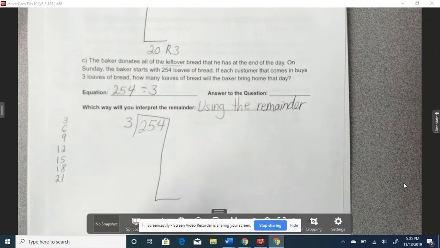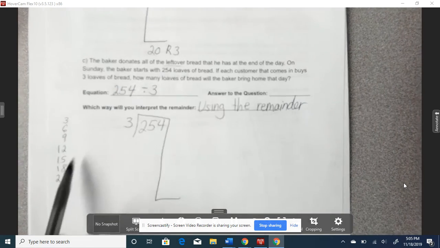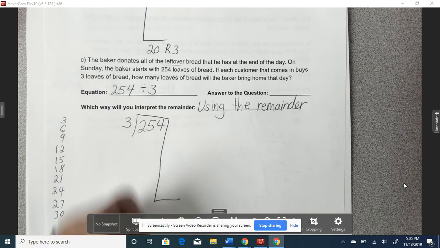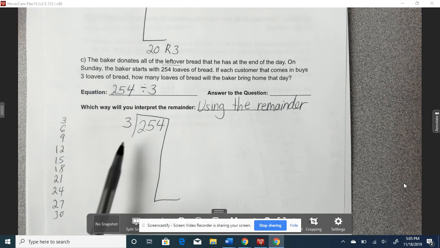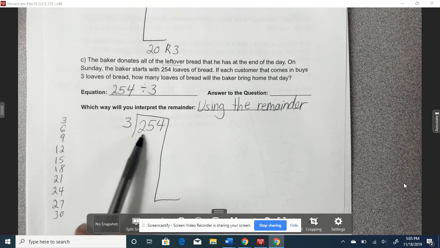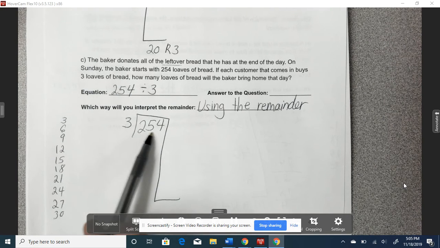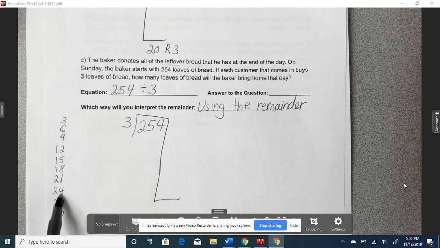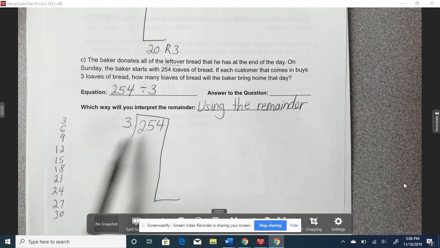We should do the first 10. So now let's see. We have 200s. I can't split 200s into 3 groups. So we have to look at our 10s. We have 25 tens. Let's see which number is closest to 25 without going over. Oh, look, it's 24.